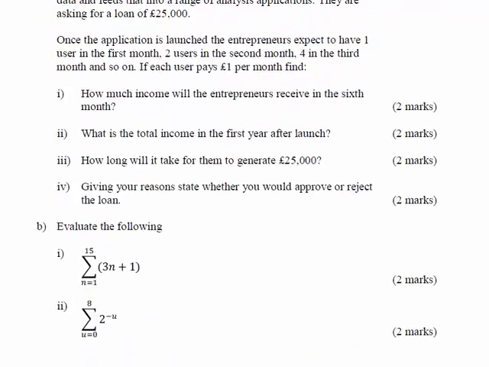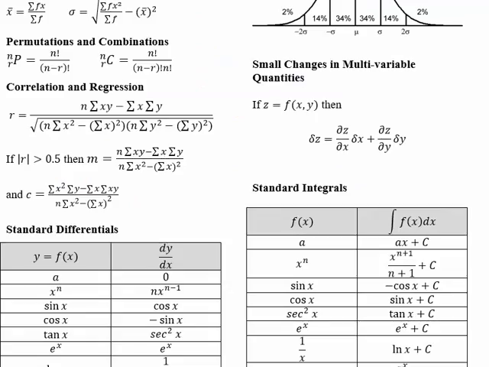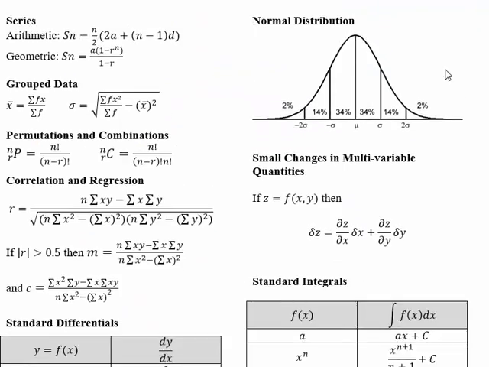Part 2. What is the total income for the first year after the launch? So that's the sum to 12 terms. Let's just remind ourselves of the formula. It's the sum to 12 terms of a GP, which is this equation here.